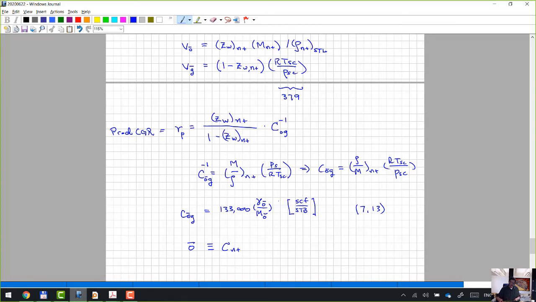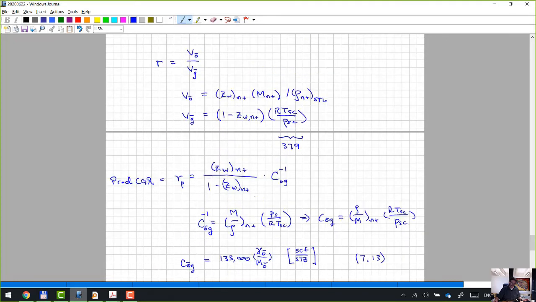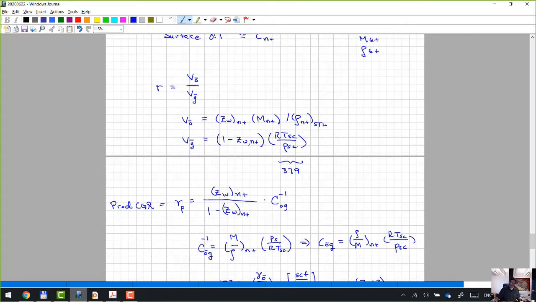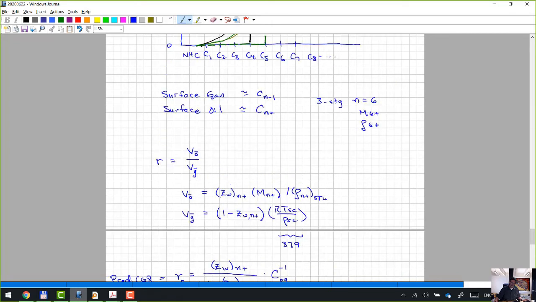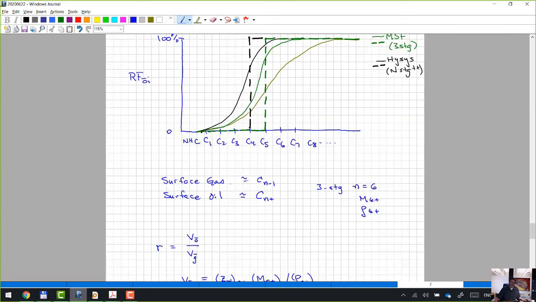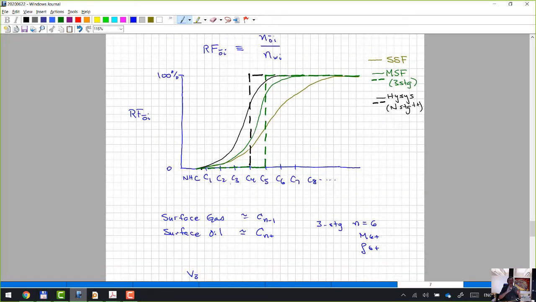Altogether, this is a useful way to translate composition to OGR and vice versa. Any questions about this or where it comes from? This is basically the physical interpretation of what's being done.